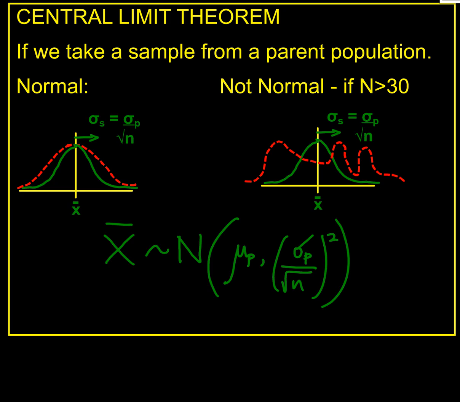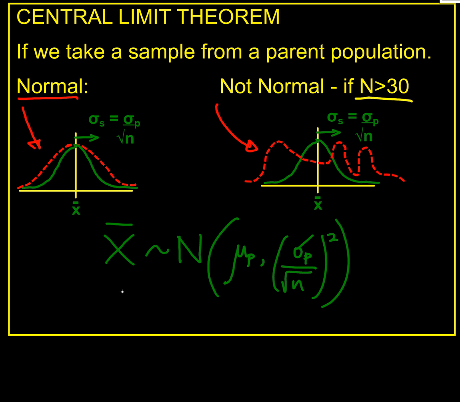So in summary, if I've got a normal parent, then I'm always going to get a normally distributed sample mean. If I've got a non-normal parent, like this weird red line here, I will only get a normally distributed one if n is greater than 30.